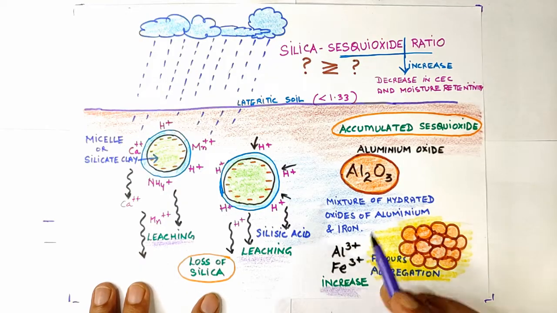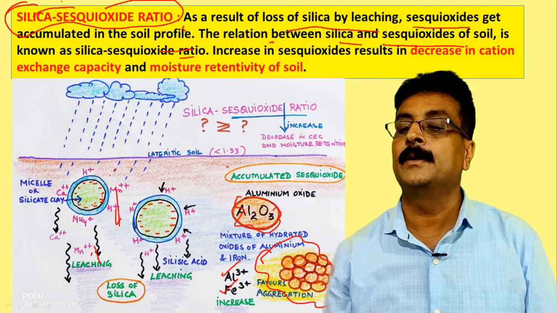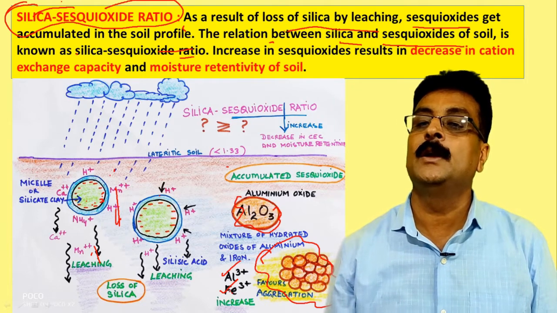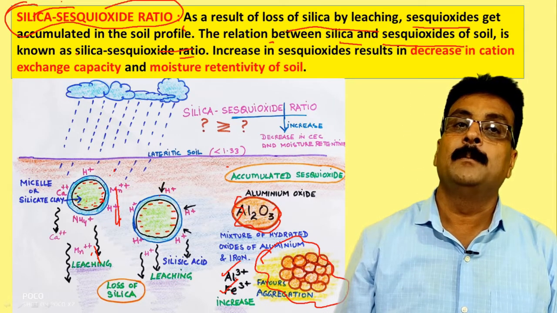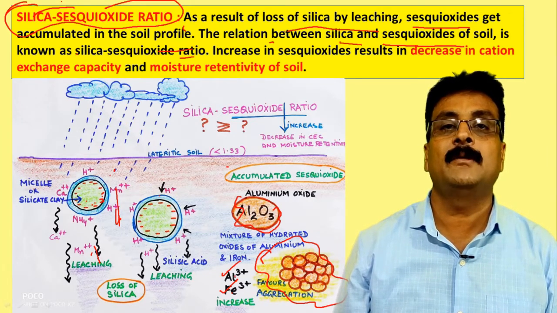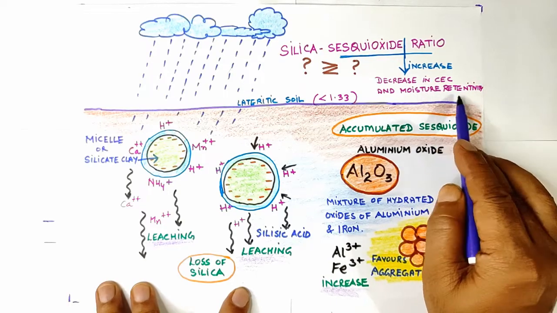This sesquioxide, what does it do? It favors aggregation of the soil. Big aggregation will happen of aluminum and ferric. As this increases, it acts as a deteriorating factor, because now there will be very little cation exchange capacity and very little moisture retention capacity.